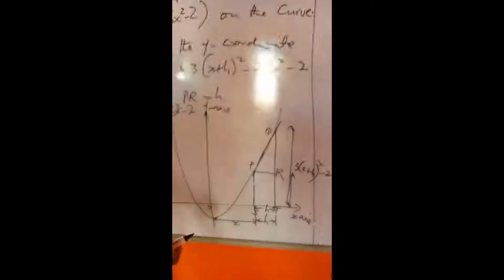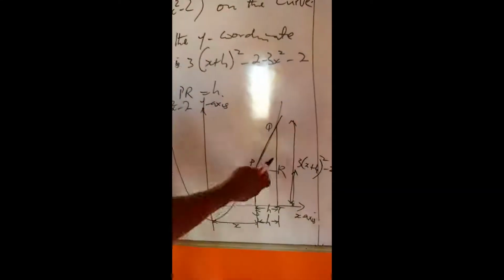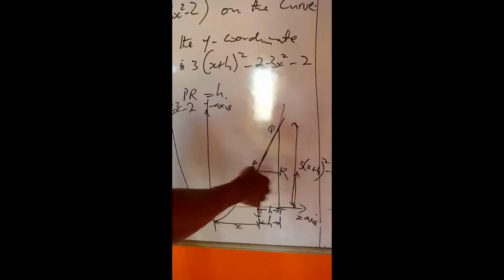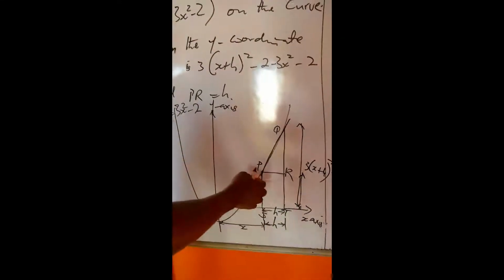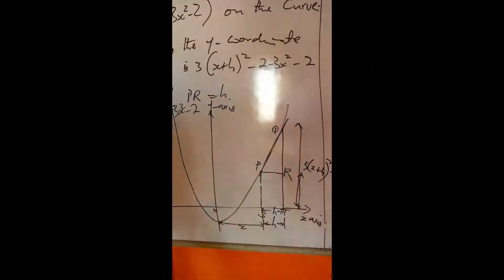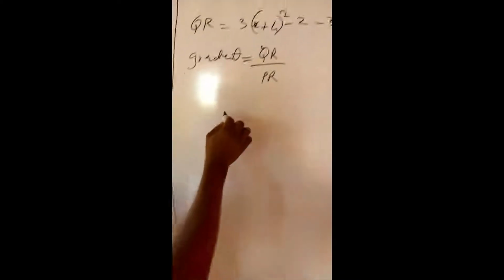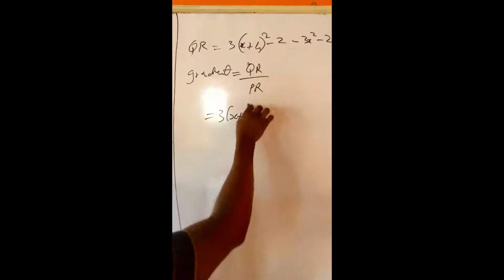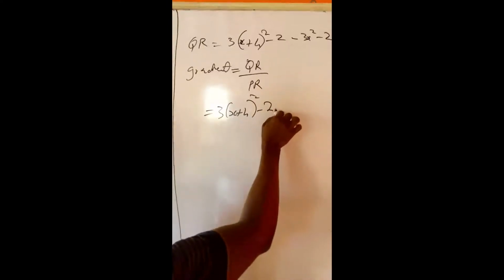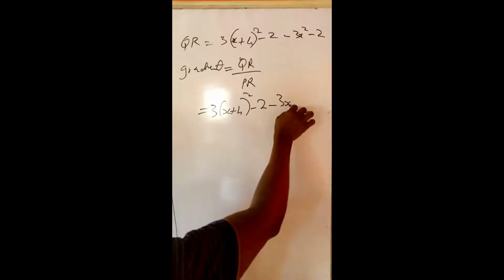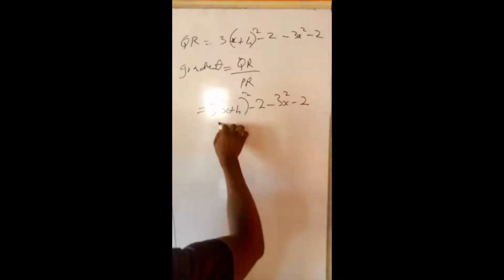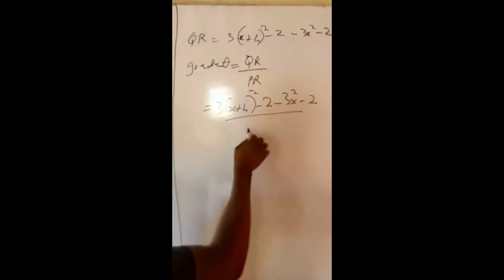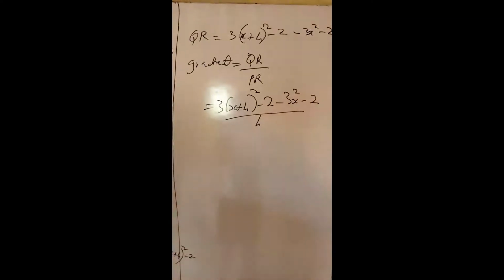Now, if you look at the curve, go to your diagram, we discover that on the horizontal axis, x, PR is actually equal to h. So we can do our substitution. I'm going to get 3 into x plus h all squared minus 2, minus 3x squared minus 2, all over PR, which is h.